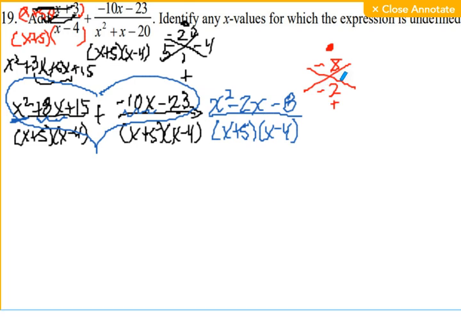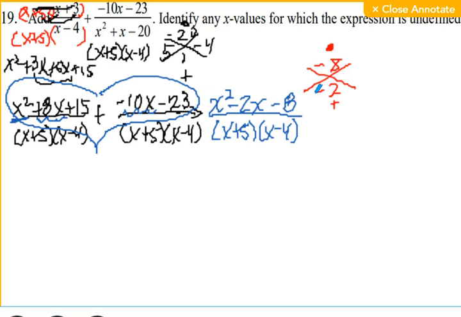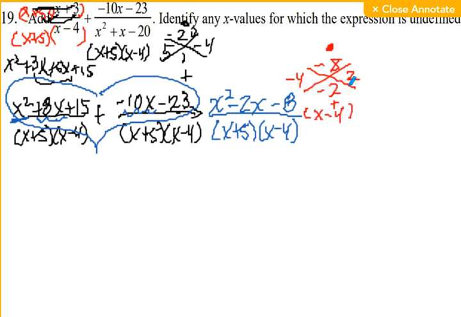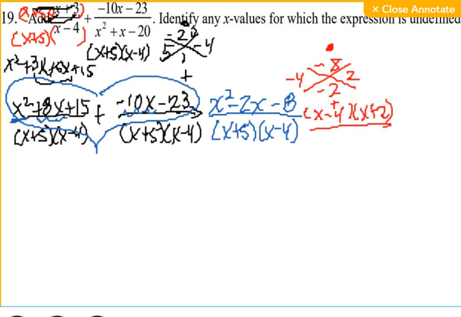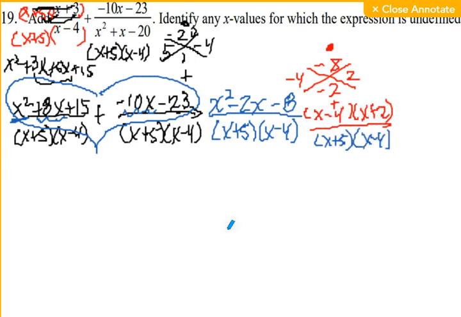What factors of negative 8 add up to negative 2? Negative 4 and 2. So my factors are x minus 4, x plus 2 on the numerator. And then the denominator, we still have the same denominator, which is x plus 5, x minus 4.